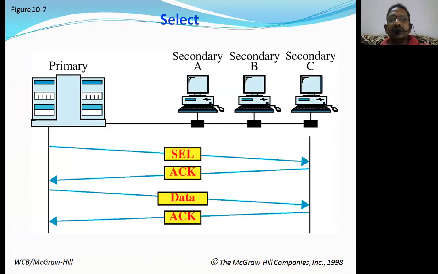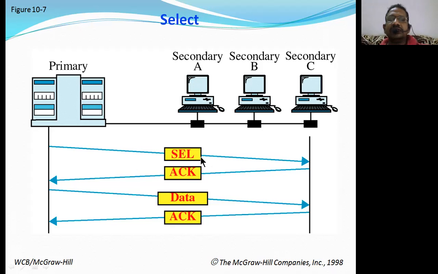Now to have this kind of communication, let us see first how we normally use the select signal. The select signal is used whenever the primary is going to transmit data to a selected secondary station. Say for example, the primary wants to select secondary station C, then the primary is going to send a select signal with the address of station C in the handshaking signal.